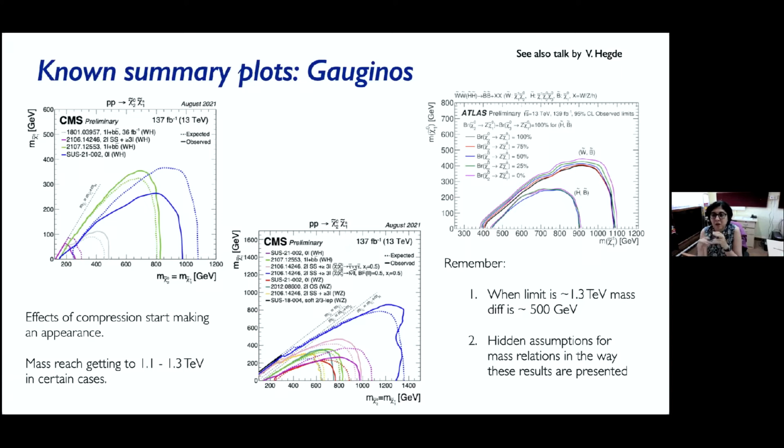And secondly, we often get used to seeing data presented in this format, and we get used to having these kinds of mass relations as an assumption, which may not necessarily be true in the case of a purely phenomenological SUSY model. These are, of course, motivated by some very well-motivated physics considerations, but still you might have situations where this is not exactly true.